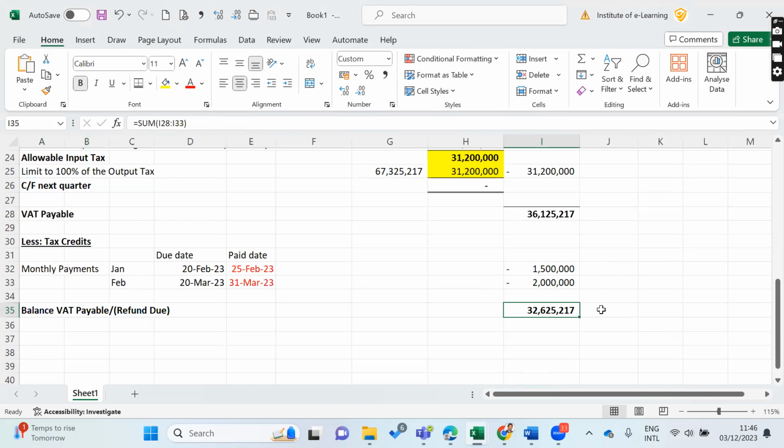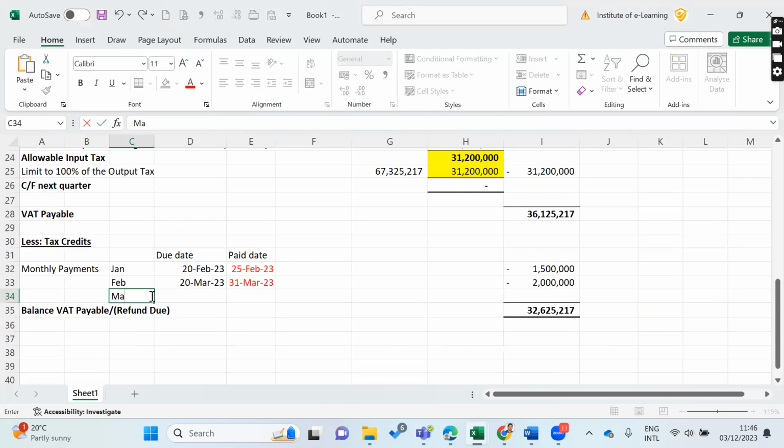So this is due on the final last payment for the quarter, the March month payment. If it is the March month payment, it is due on 20th April 2023, and they have to make it.